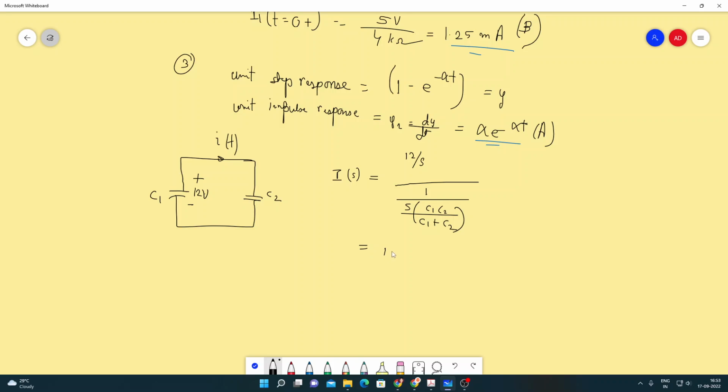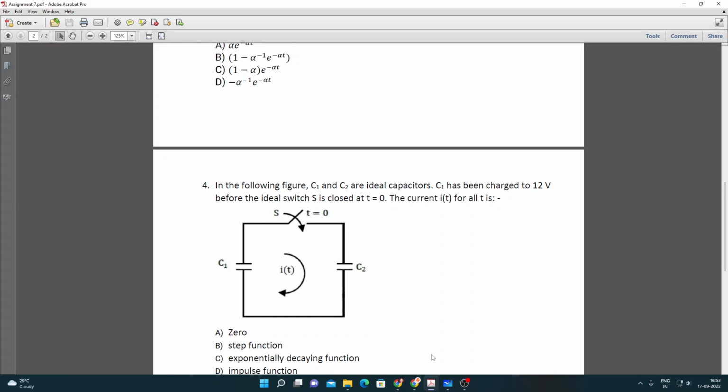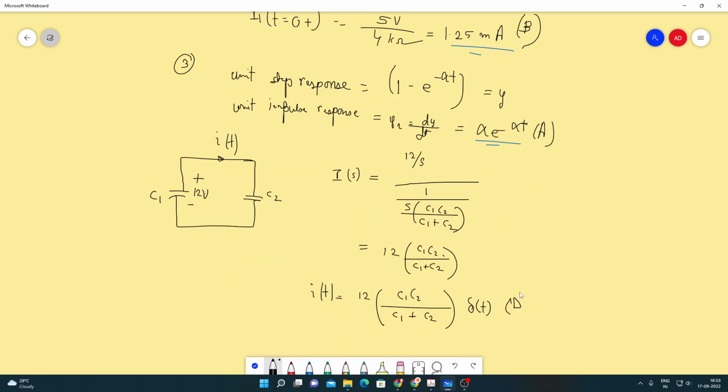So what we obtain is IS equals 12 C1 C2 by C1 plus C2. If we convert it into time domain, IT is 12 C1 C2 by C1 plus C2 times delta t. So it's an impulse function, hence the answer is D.